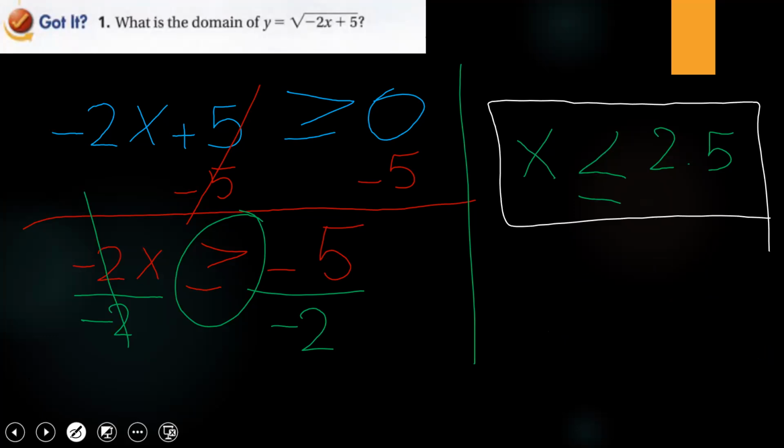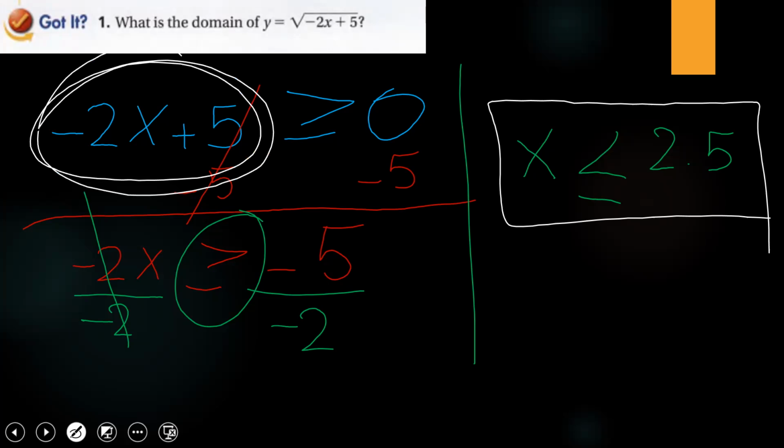X is less than or equal 2.5, including the negative numbers. For x only. But for the whole function, it must be greater than 0. So you have to stop here, at x less than or equal 2.5.